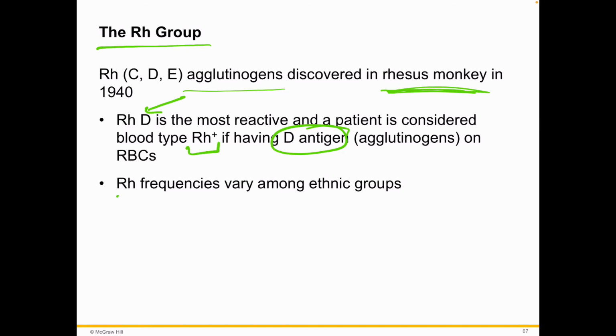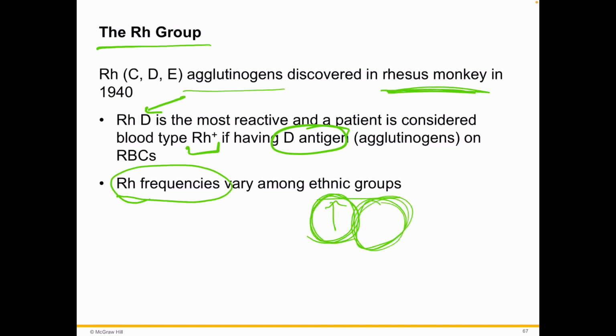So rhesus factor frequencies are going to vary among ethnicities. An ethnicity is an interesting thing. It's usually a social concept as well. Oftentimes people in a certain ethnicity or culture, even if they live in the same city, kind of stay in their same culture, right?